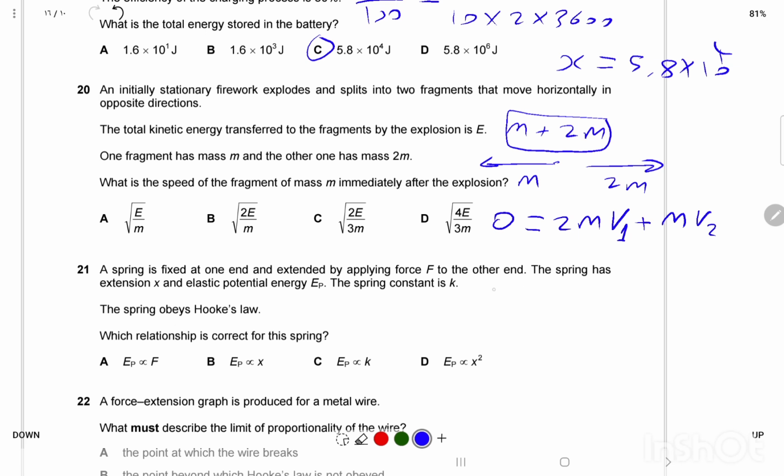Now the equation for kinetic energy as stated in the question: kinetic energy is equal to half times 2m times v1 squared plus half times m times v2 squared. The question here is, what is the speed of the fragment of mass m?